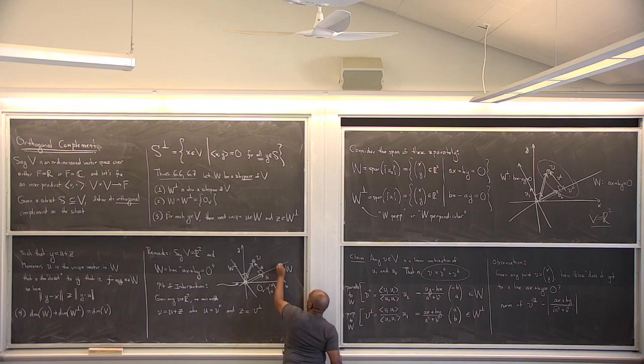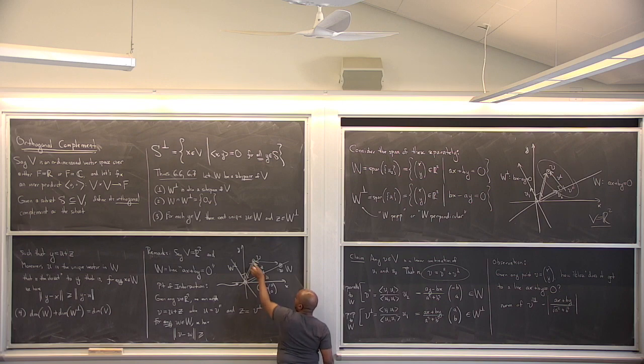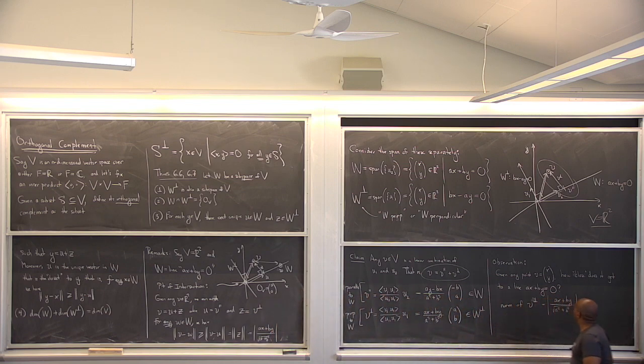So if I had any other x here, so let me write this as any other W in W, then the distance here between V and W is greater than or equal to the distance here between V and U. But of course, that distance there is exactly what we're calling here this ax plus by over the square root.